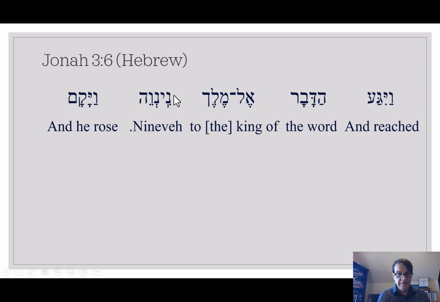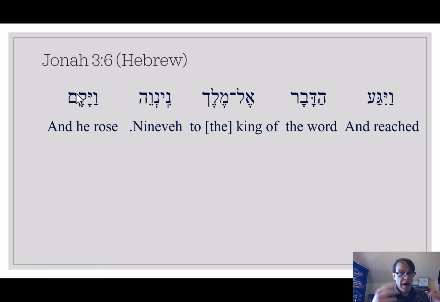Okay, and he rose. Now, vav patak doubling, another converted imperfect. It's a preterite. Yod, it's another third masculine singular, referring to the king. It's also a G stem, or qal stem. What word is it? Again, we've only got two letters. It's detective work. Once you've been around Hebrew long enough, you immediately recognize this as kum, to arise.